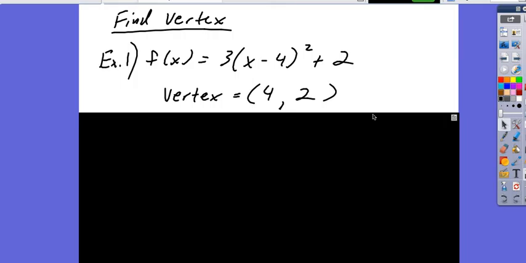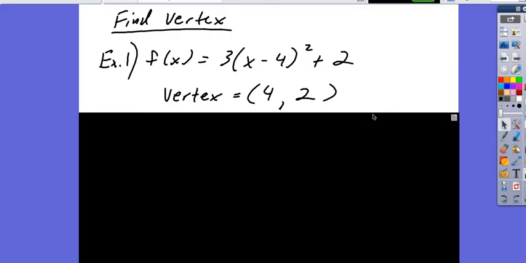So the x value of the vertex, which is really h, is 4, whereas the k value, which represents our y value of the vertex, is 2. So (4, 2). Now, if you notice, this is a whole lot easier than finding the vertex in standard form. It's automatic. It's instant. There's no work required to find the vertex when you're in vertex form.